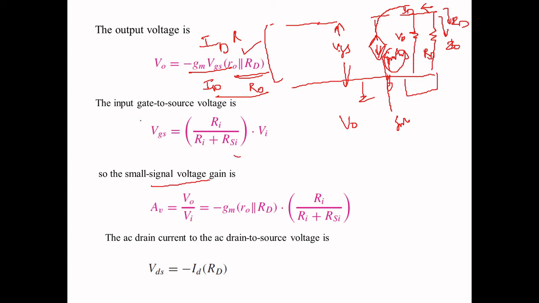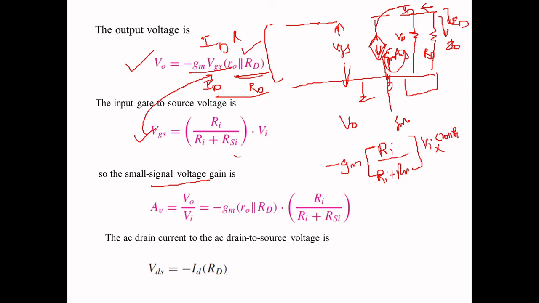I hope these two formulas are clear. Finally you want to find V naught by Vi, that is a ratio. You have a V naught, so substitute this VGS here. So what will you have? Minus GM, and if you substitute this part, we will have Ri plus Rsi. Same as you have done in your BJT also.